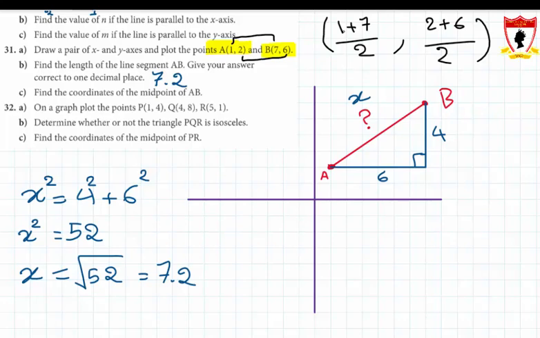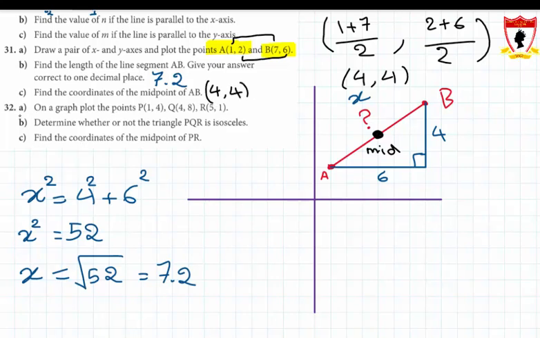Let's simplify this. 1 plus 7 is 8, divided by 2 is 4. 2 plus 6 is 8, divided by 2 is 4. So 4, 4 is the midpoint. Here is 4 on the x line, 1, 2, 3, 4 on the y line. So this is the midpoint. Even in the graph, you can see it's the midpoint. The coordinates of the midpoint are 4, 4.